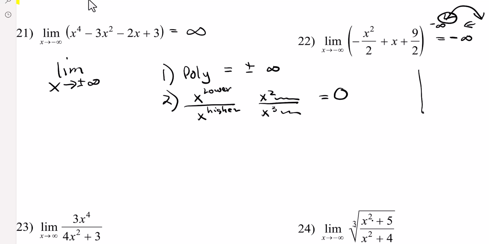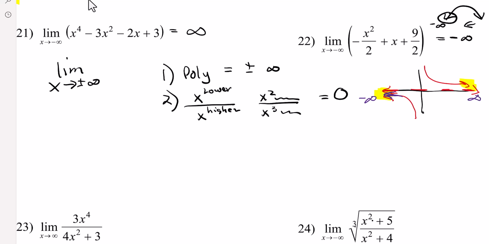This is why. On any rational function, when the exponent in the numerator is lower than the exponent in the denominator, there is a horizontal asymptote at 0. So maybe the graph is doing this. And then look, as we head towards negative infinity, that height can only approach 0.